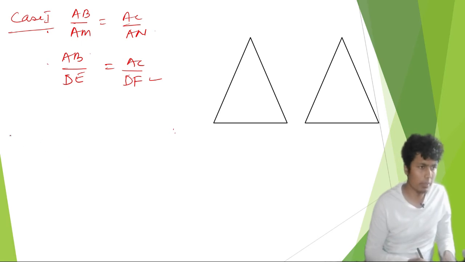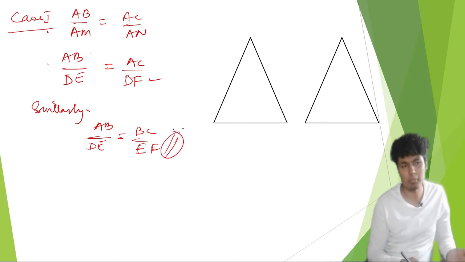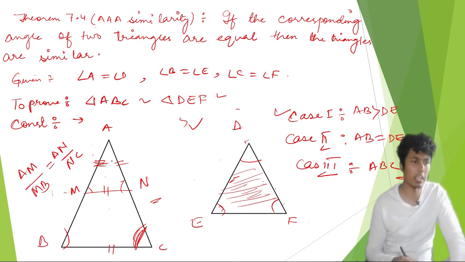Now similarly, we can show that AB by DE is equal to BC by EF. We can also show this one. Not that complex. In this case we take another line parallel, and we can do it.